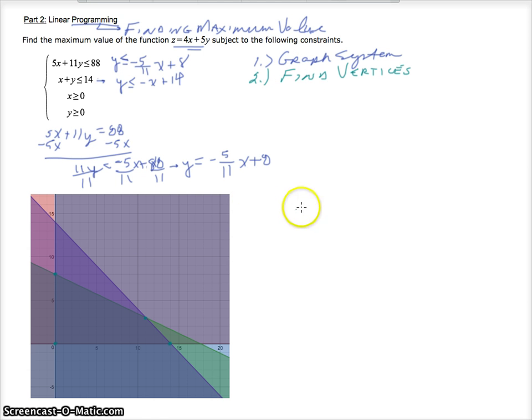So my vertices are going to be 0, 0, 0, 8, 14, 0, and we have 11, 3.